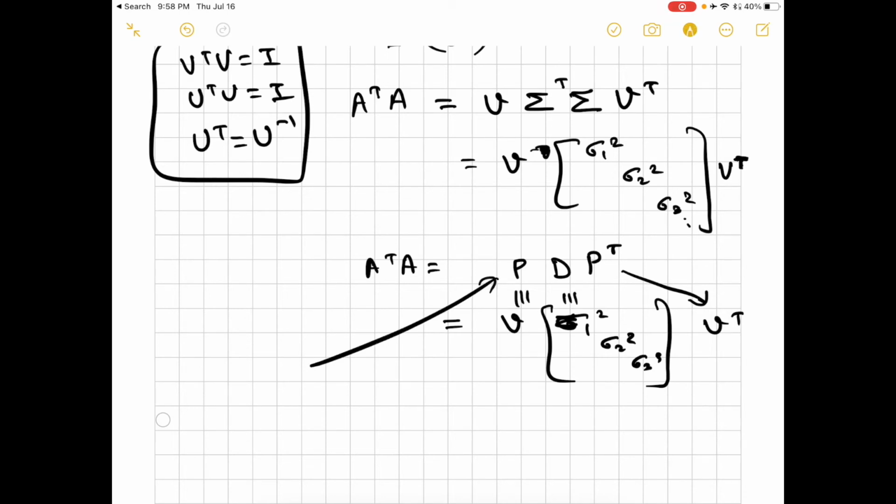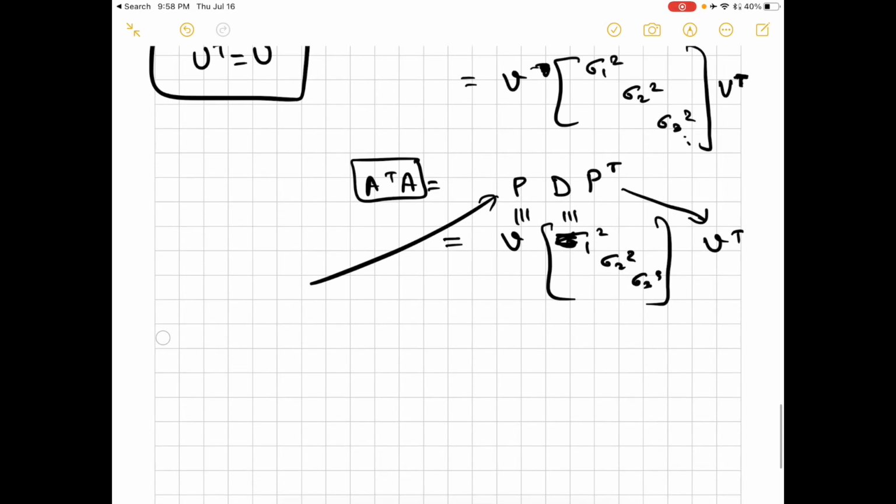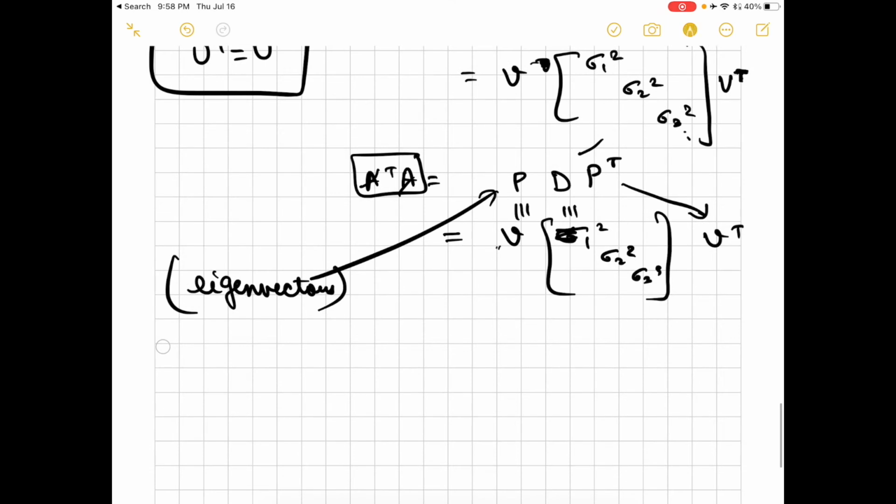And we know that since this is a square symmetric matrix, our P in this case is going to be the collection of eigenvectors obtained for A transpose A, and when we put these all together and take the transpose, that is going to be P transpose. So by knowing A, pre-multiplying it by its transpose, calculating eigenvalues and eigenvectors, and performing eigen decomposition gives us the value of V that we will use to determine V transpose in our SVD form.